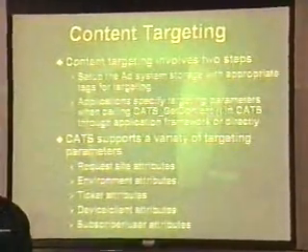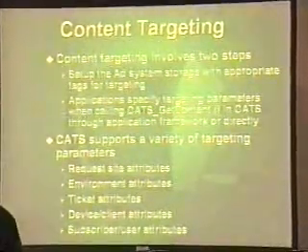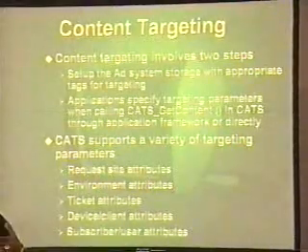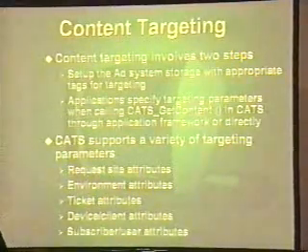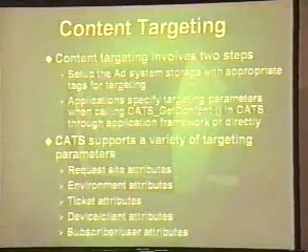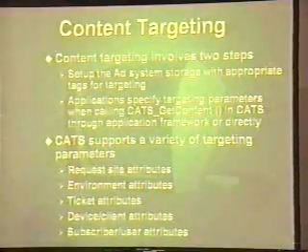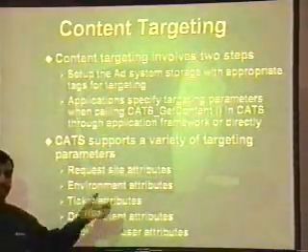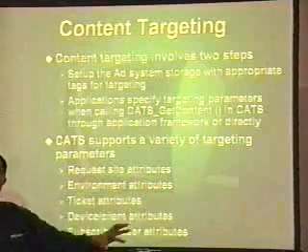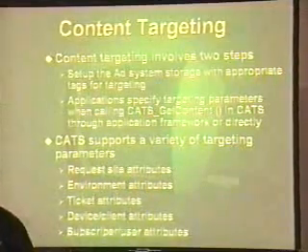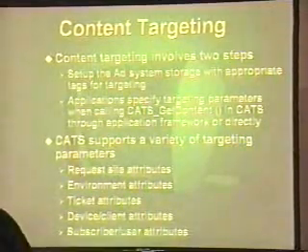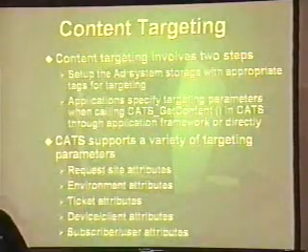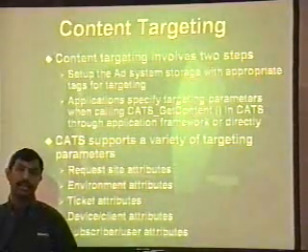In terms of content targeting, if you think of that end-to-end, there are two major steps involved, and they need to be procedurally followed together. There is no enforcement in the system to make that happen. The first one is that the backend ad storage system must be tagged with the appropriate tags. If you define a campaign with 15 ads in there, each of the ads may have some tags.